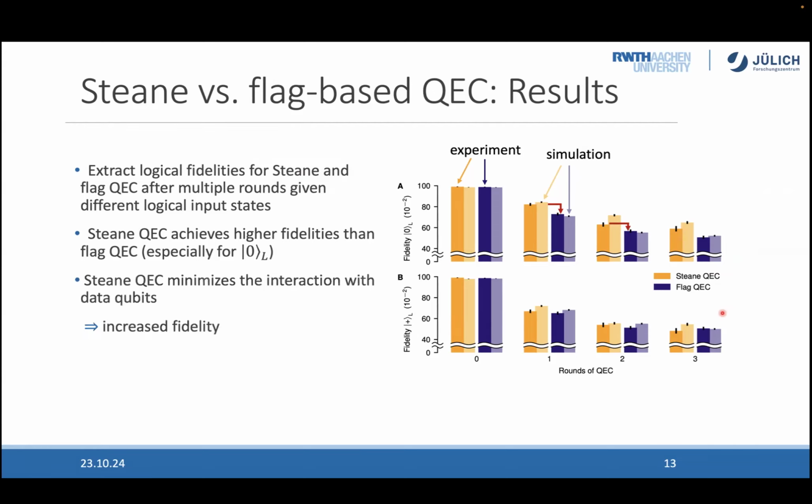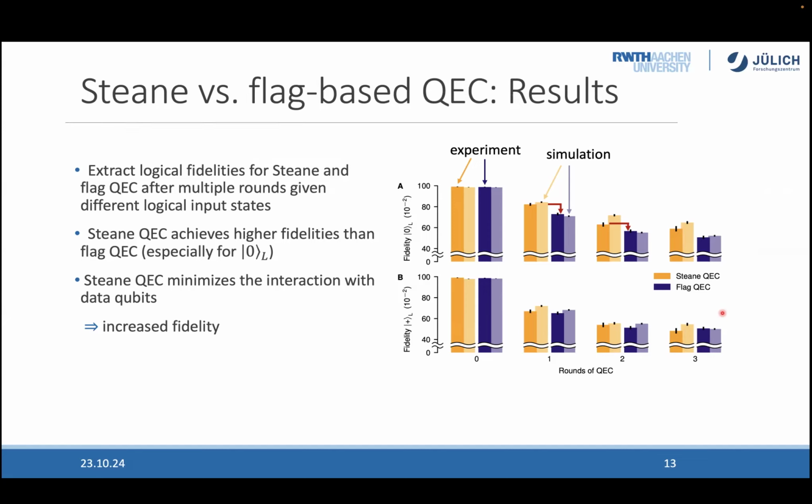The reason why Steane error correction is advantageous is because in this scheme, we minimize the interaction of the data qubit register with the auxiliaries, because we really only have these 14 CNOTs that act on the data qubits, whereas with the flag-based scheme, you have at least 28 CNOTs acting on your data register.